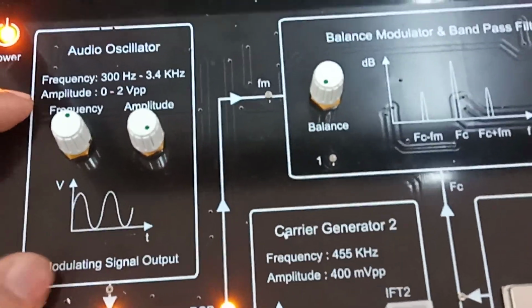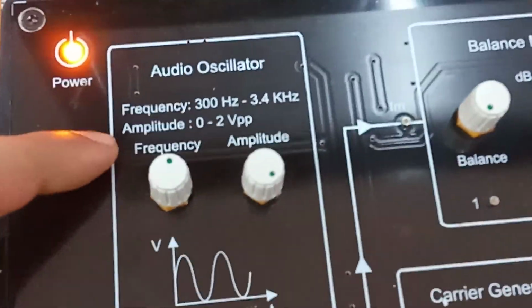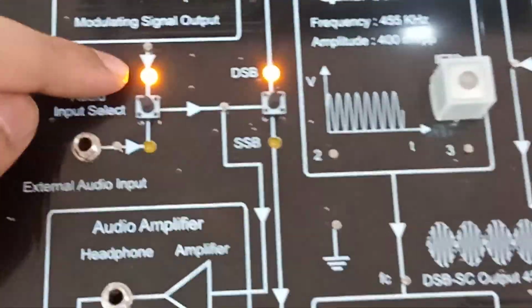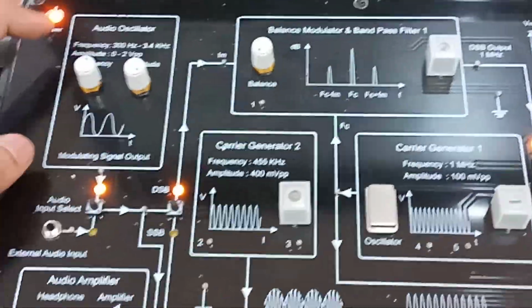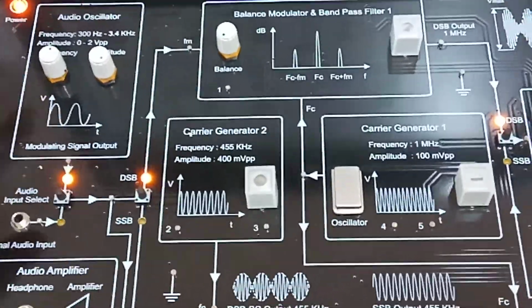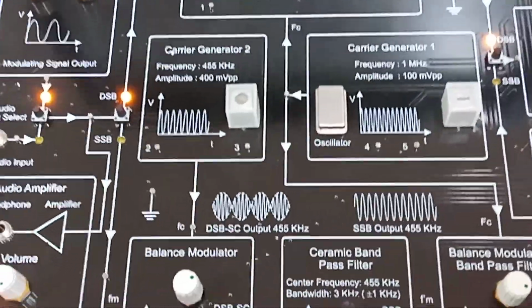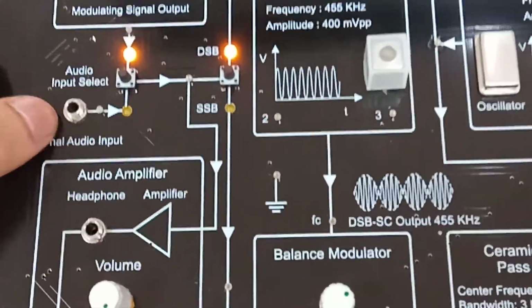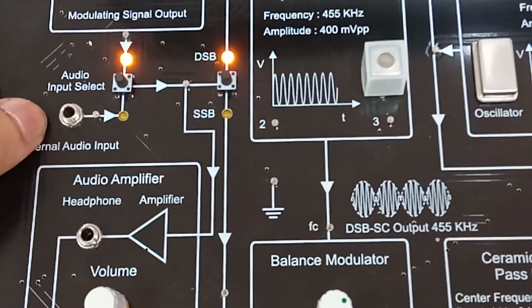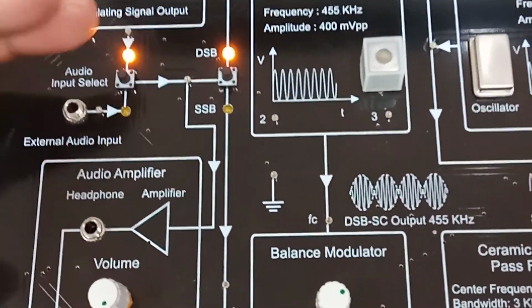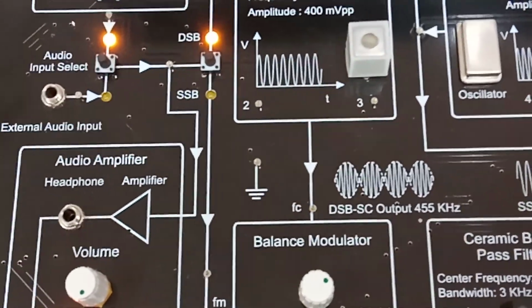This is our message signal, and we are taking this as an input. This knob is at input select, because we are generating this message signal inbuilt in this kit. If we have any external audio, using a mic or any other medium, we can give that audio also and transmit it using either mode, SSB or DSB, and receive it.